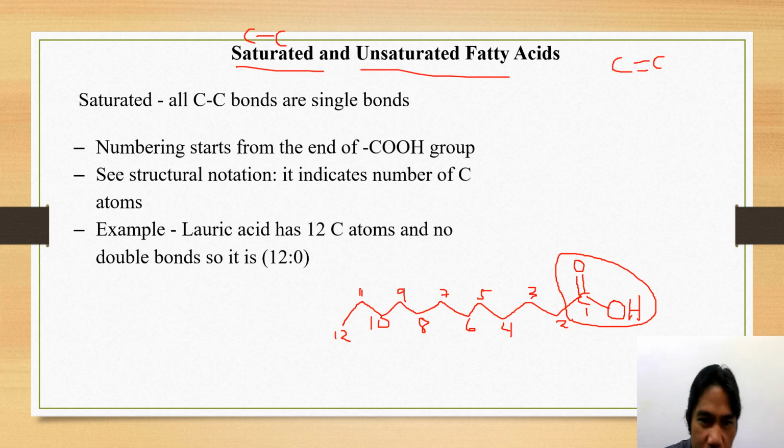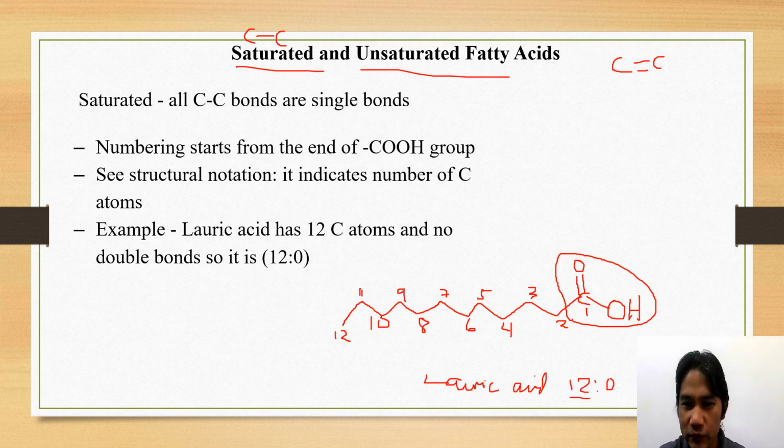So this fatty acid is called lauric acid, and the number notation is 12:0. 12 means there are 12 carbon atoms, and 0 means there is no carbon to carbon double bond.